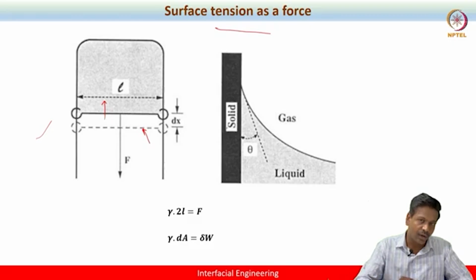So this thin wire will be made to move because of the action of surface tension. Because this dotted line was initially placed at x equal to 0, and this movement we denote as delta x, we can clearly say some work is being done in this case.